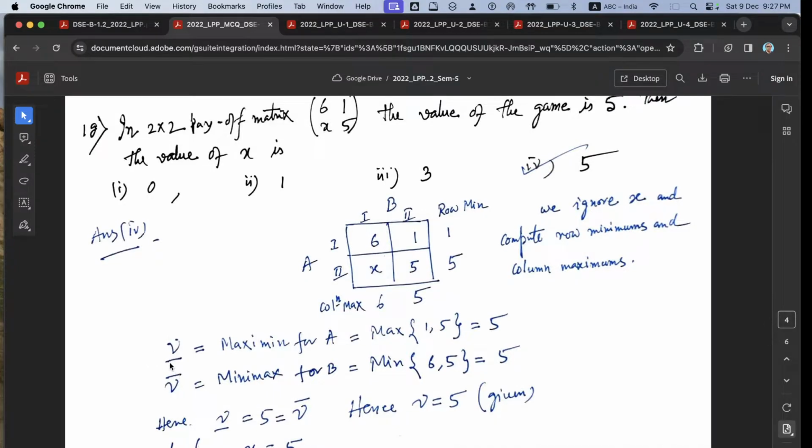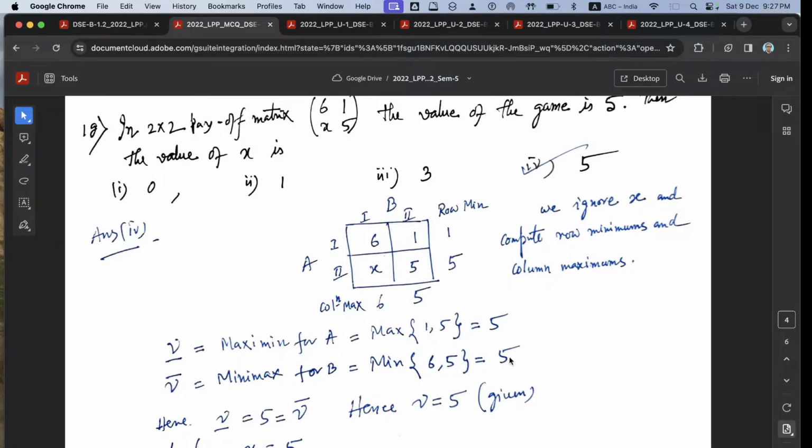The lower value is the maximin for A, that is the maximum of the row minimums. The row minimums are 1 and 5, so the maximum is 5. So the lower value equals 5, and the upper value is the minimax for B, that is the minimum of the column maximums. The column maximums are 6 and 5, so the minimum is 5.